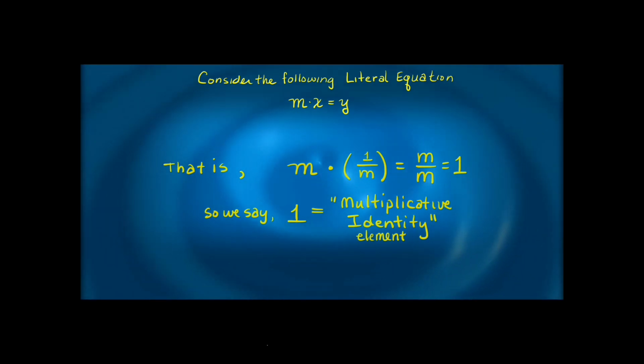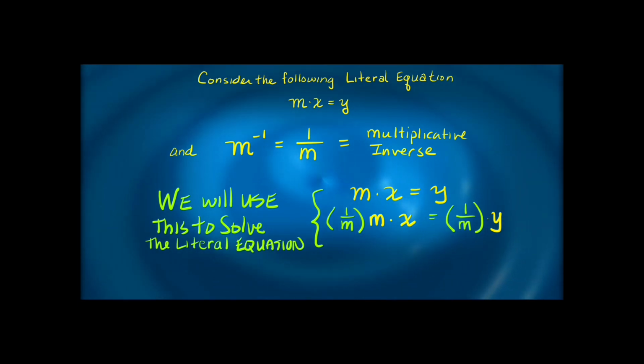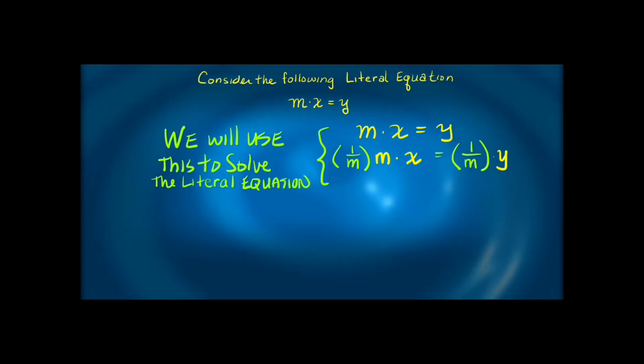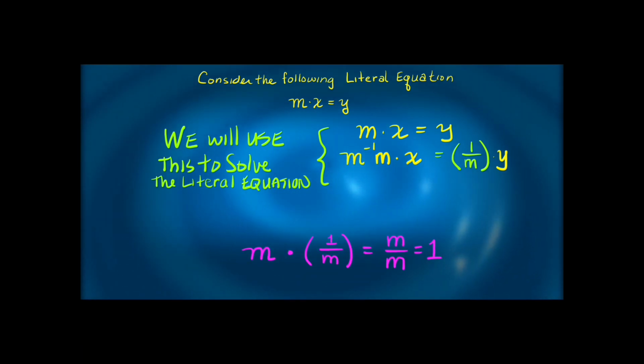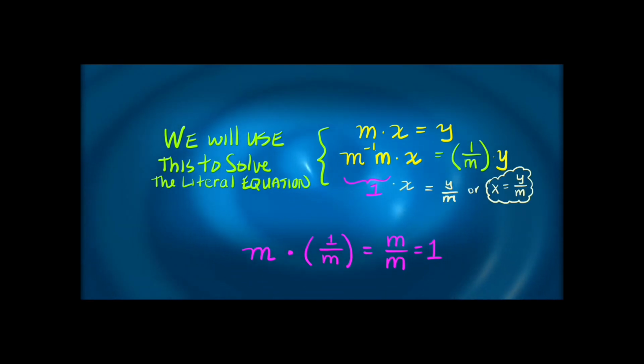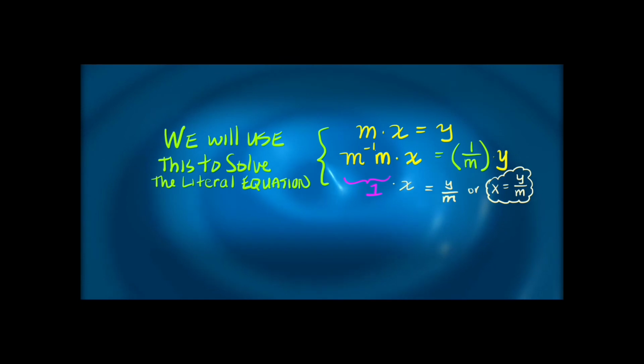Now, the multiplicative inverse, when multiplied by the number always resulting in 1, gives us a way of solving the equation. So on the left-hand side, if we take the inverse of m, 1 over m, and multiply it by m, we'll wind up getting the x by itself, because 1 times x would give us x. So here, algebraically speaking, we multiplied by the inverse on both sides.